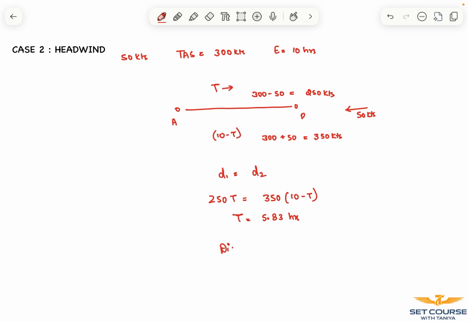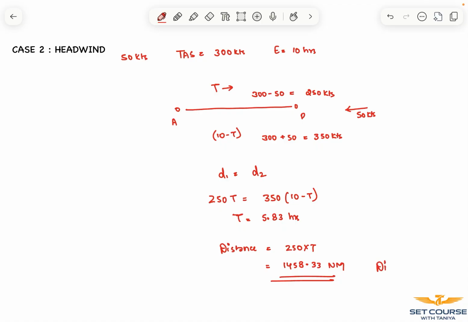Now our distance would be 250 cross t, which comes out around 1458.33 nautical miles. So earlier we saw that in case of nil winds, our distance was 1500 nautical miles, and if we are receiving a headwind, our distance comes to 1458.33.